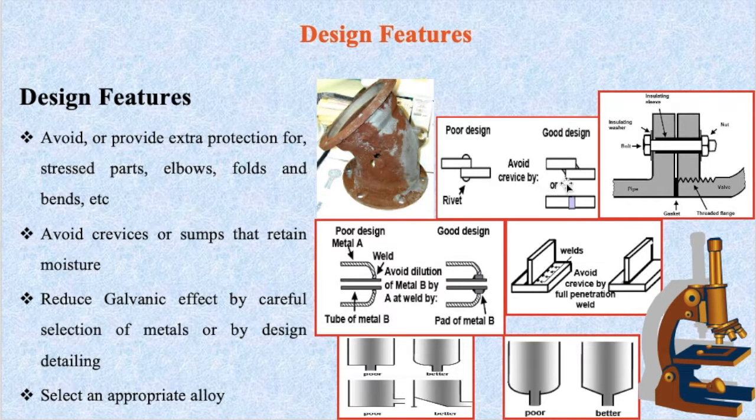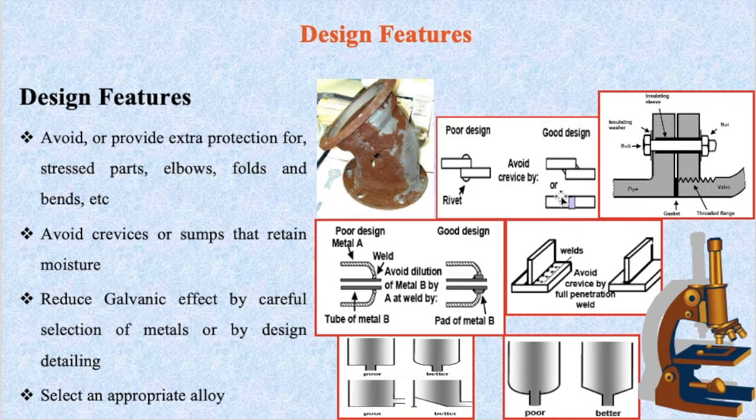So you would rather join these two sheets of metal in a way that they flush properly, like that, or like this. So this is a design feature, designing things maybe to be joined in a different way compared to using rivets to prevent any formation of crevices, because that will lead into corrosion.